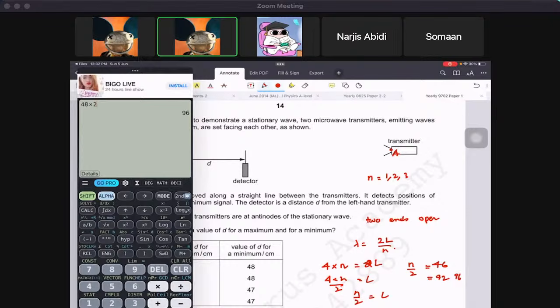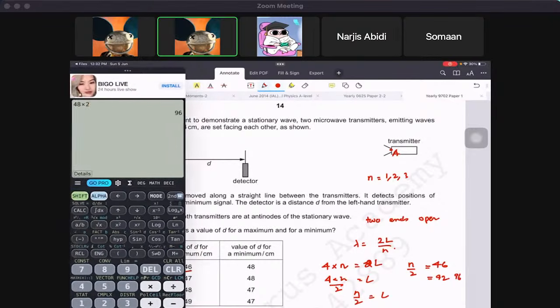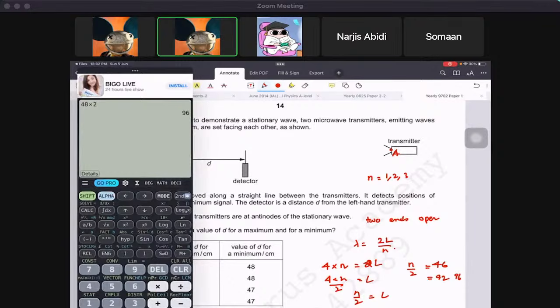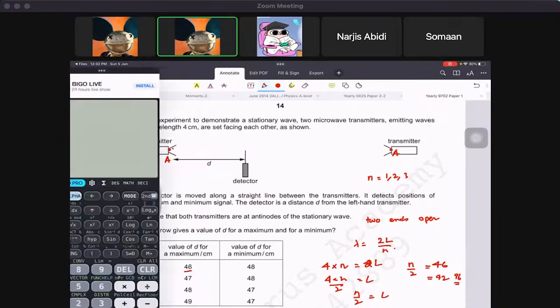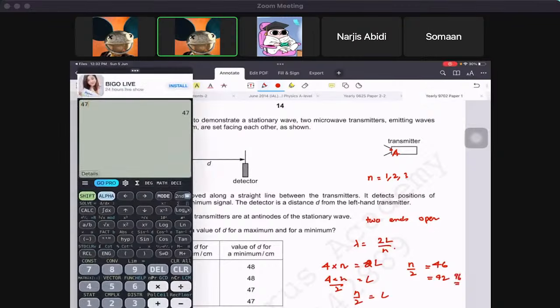Okay, let me try. It should give you a different answer, not an answer like this. So then I could check 47 times 2 is 94, and 48 times 2 is 96. So I'm just writing the answers here, 92 and 96. Here we have 96 and 94.